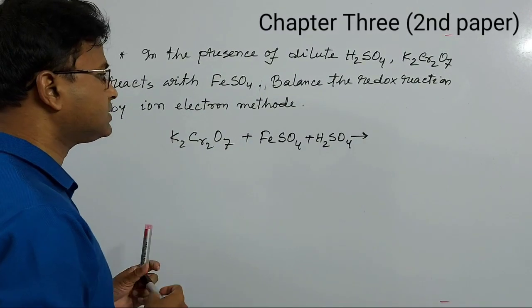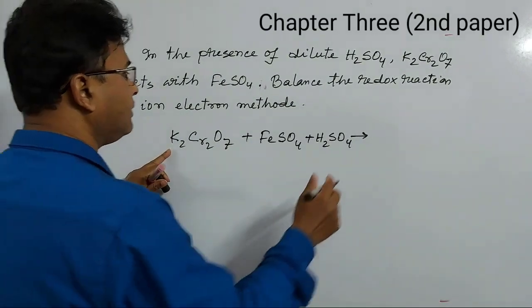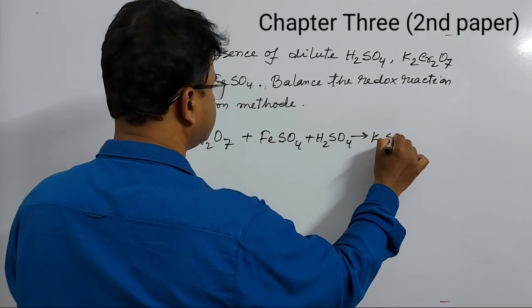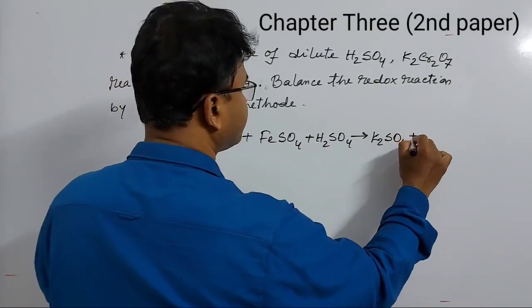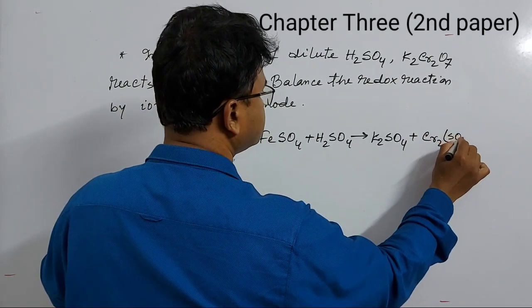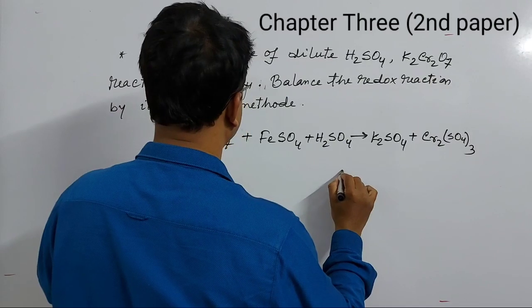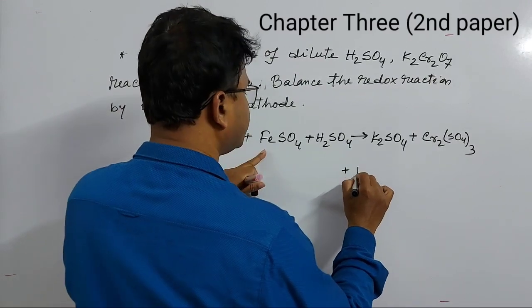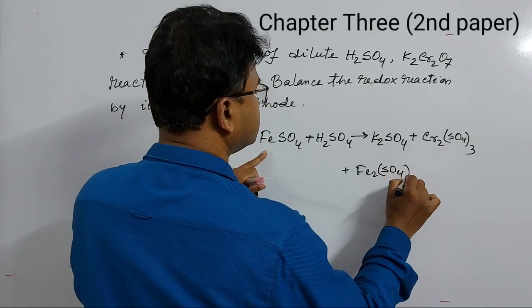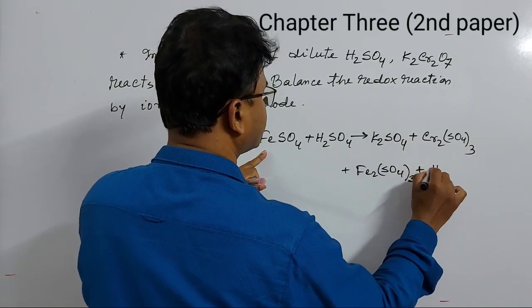So of course the products will be potassium sulfate, chromium sulfate, ferric sulfate and water.